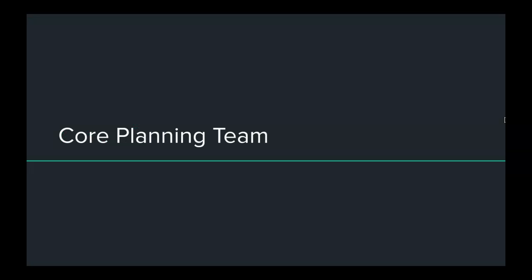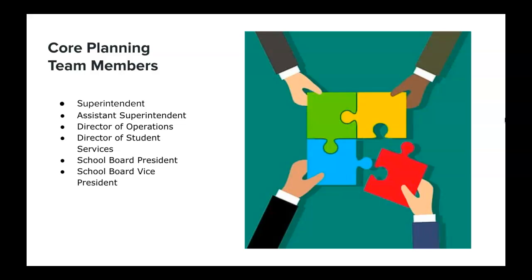Now, the members of the core planning team will be the superintendent, the assistant superintendent, the director of operations, the director of student services, the school board president, and the school board vice president. This is a collective group of people who have a lot of knowledge about our district as a whole and will be able to work very well together in executing the strategic planning process.